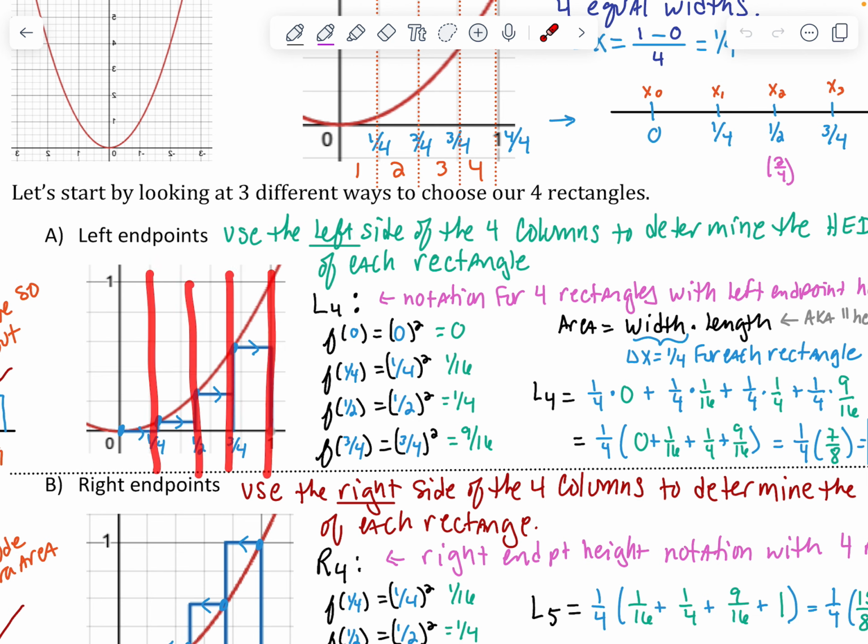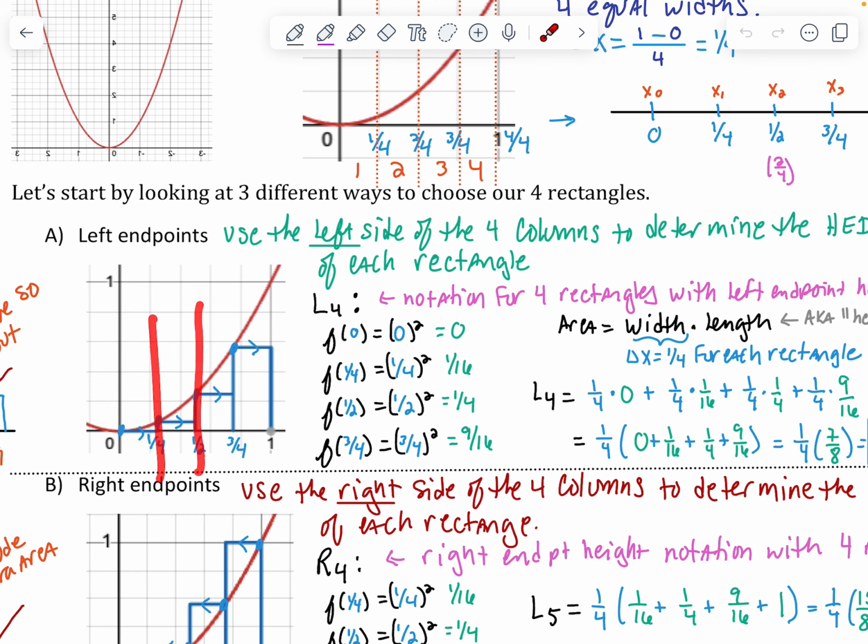Mine didn't line up as well, but I've got those same 4 columns from above, 1, 2, 3, 4. I'm going to start in this first column and say on the left side, I'm over here at x0. If I plug that into my x squared, I have a height of 0, which you can see.